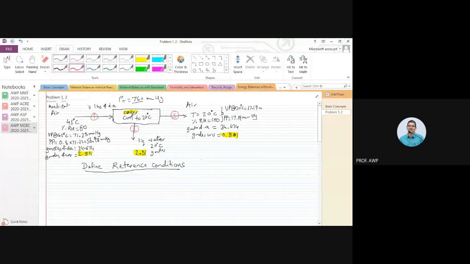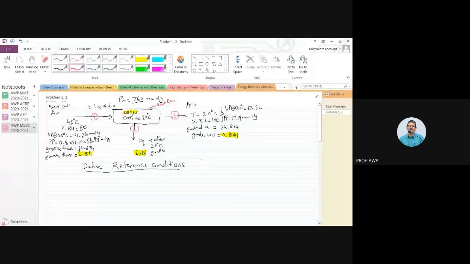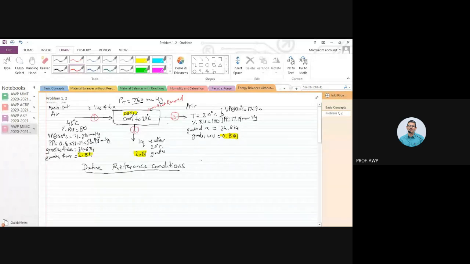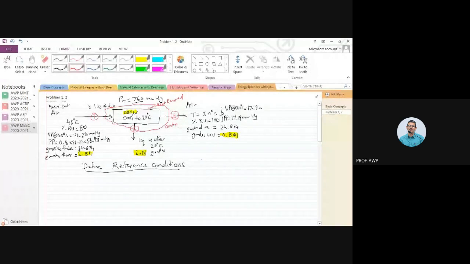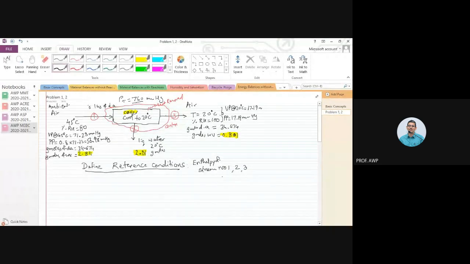Some heat is to be removed, and I will take this control volume. With respect to this reference condition, I will find the enthalpy of stream number 1, the enthalpy of stream number 2, and the enthalpy of stream number 3.